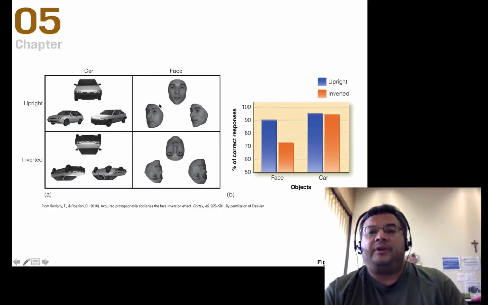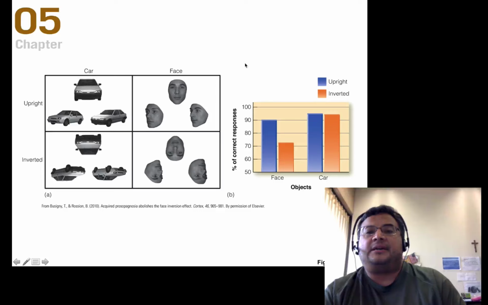And sure enough, whenever we look at the activity when we ask people to perceive cars or faces, it turns out that it's a lot easier for us to detect upright faces as opposed to inverted faces.